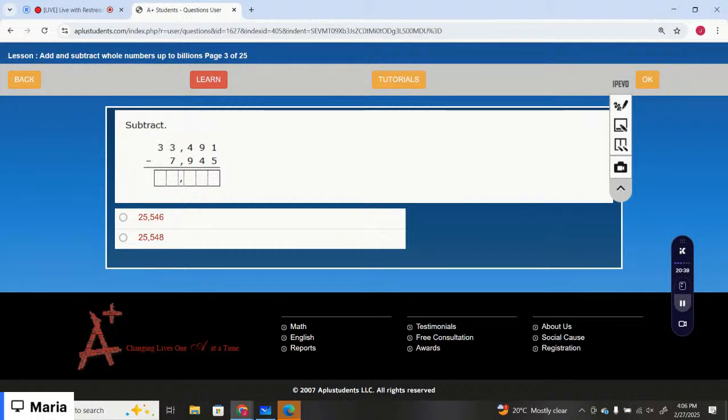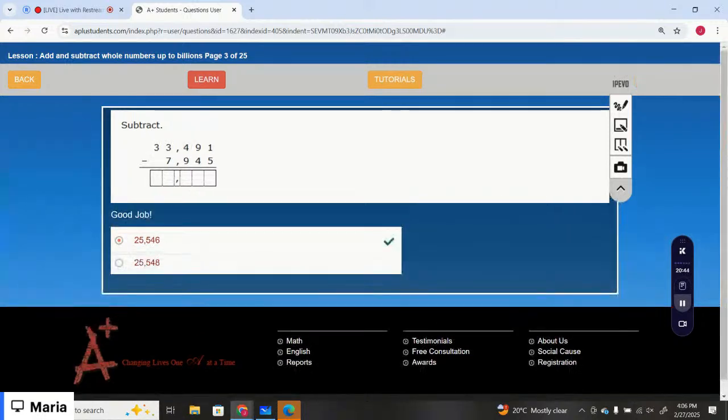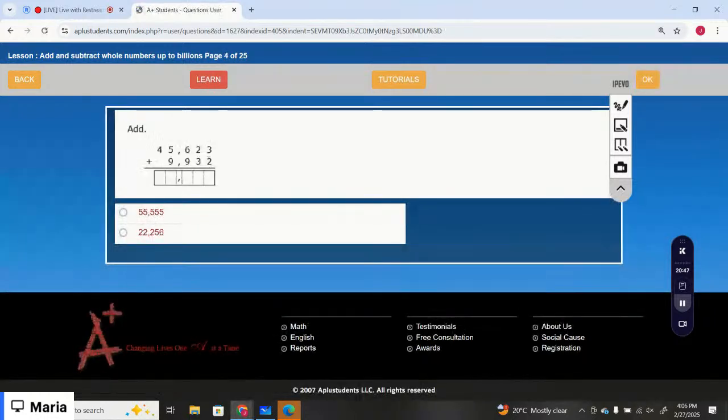Which is the correct option? That is option number 1. Very good. Add, which is the correct option? Option number 1 is the correct option.